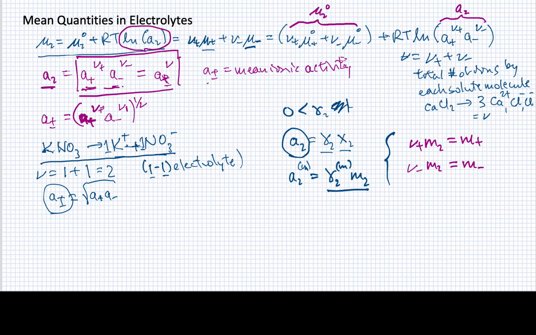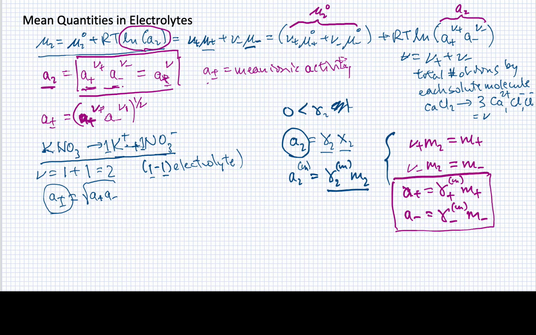Using these definitions, I can now also write that A plus is going to be the activity coefficient plus in terms of molality times the molality of the plus ion. And A minus is going to be the activity coefficient for molality times the molality of the minus ion. So these are going to be my working definitions in the case of molality for these chemical activities and activity coefficients.